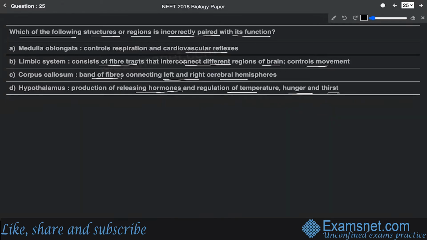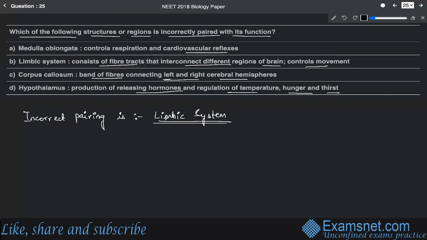Now, out of all the options that you can see, the incorrect pairing is with the limbic system. This is the incorrect pairing because the limbic system is basically a part of the brain that is involved in controlling the behavioral and emotional responses.